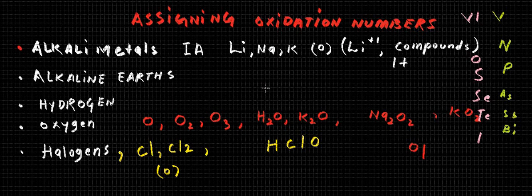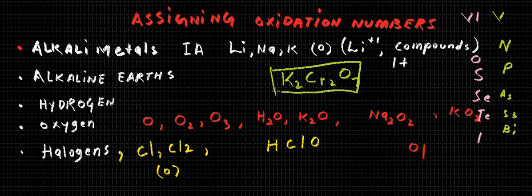If we calculate, for example, let's say we have this compound, potassium dichromate, and we have chromium, and chromium belongs to the d block elements, and we have not yet discussed any d block element to assign their oxidation number. So we can make use of the rules we have discussed about the alkali metals and oxygen to calculate the oxidation number of chromium.